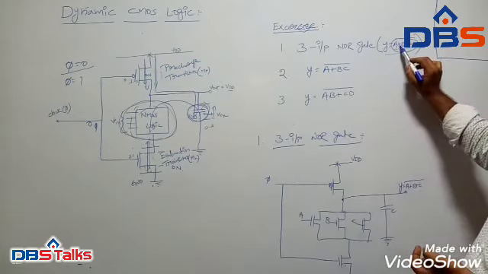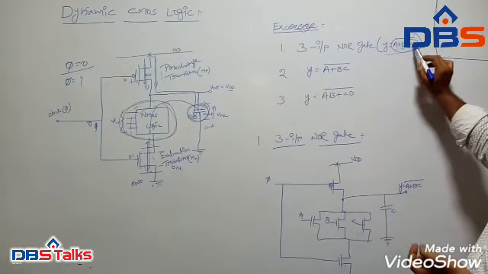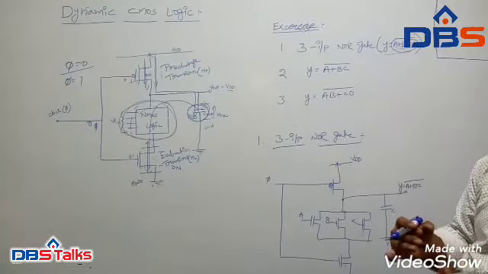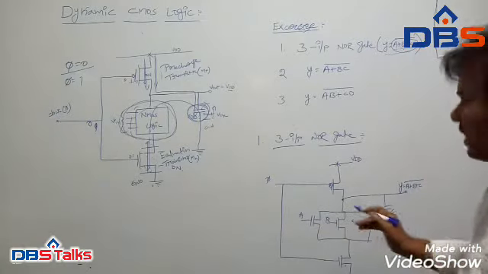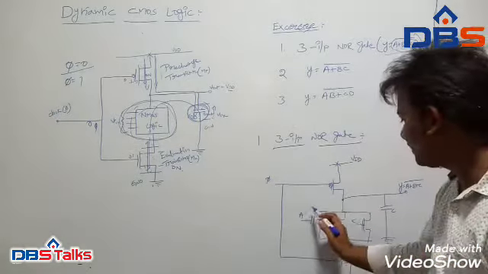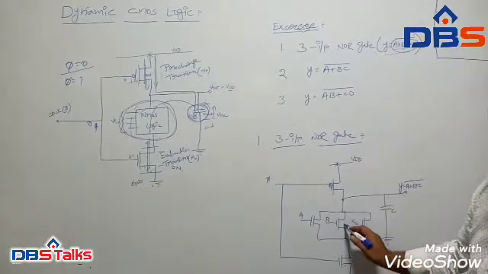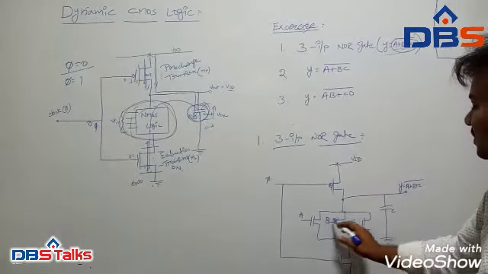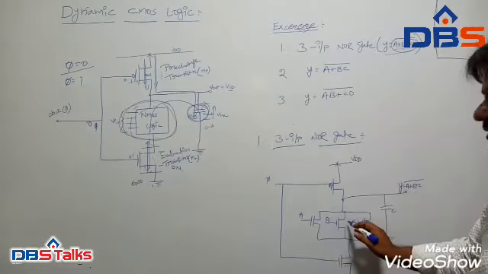That means A ORed with B and B ORed with C. So if the OR operation is present, in that case we have to connect the transistors in a parallel manner, one transistor parallel to another transistor.